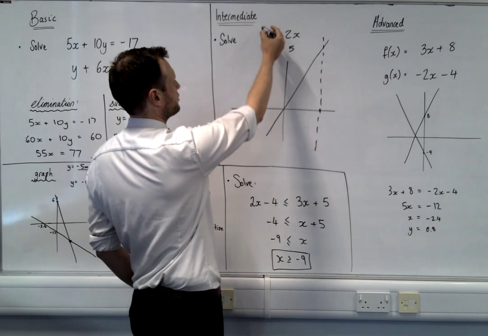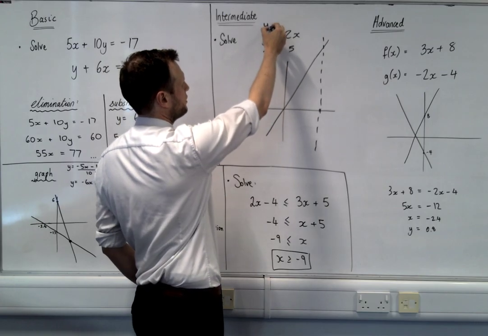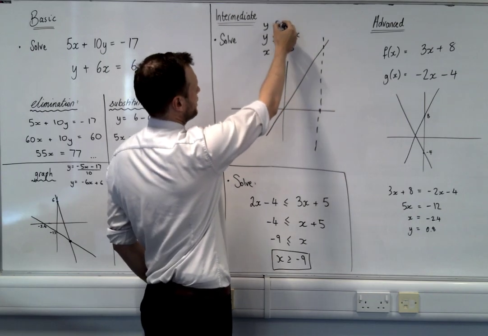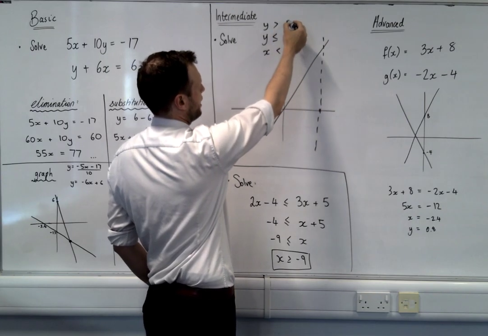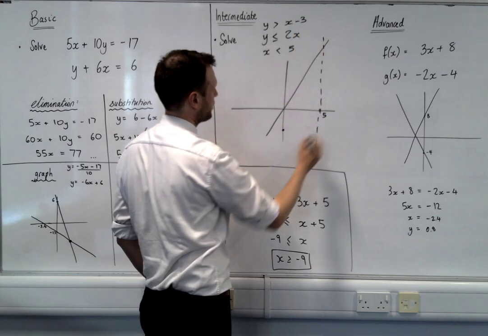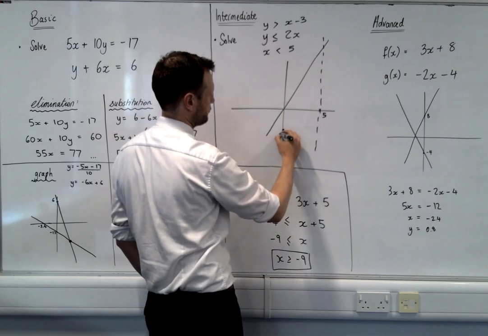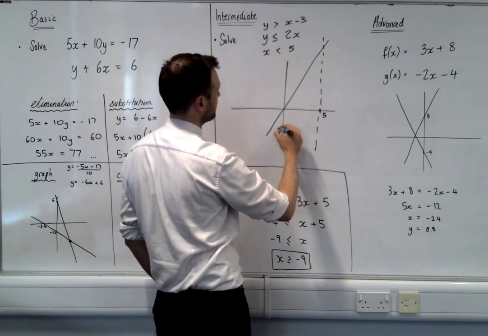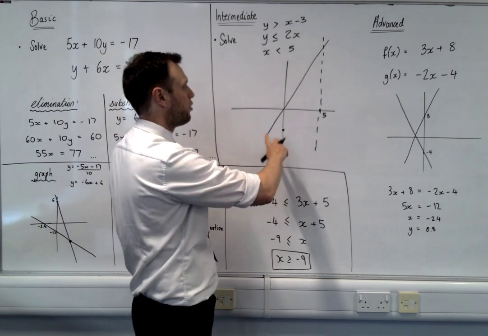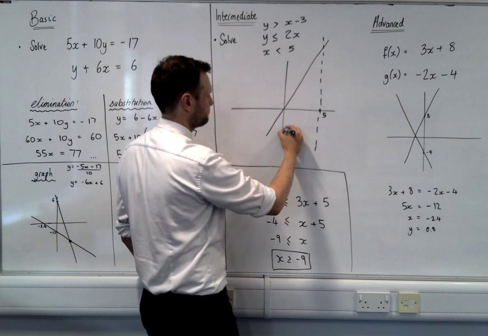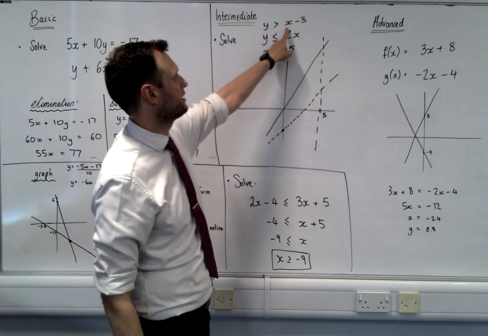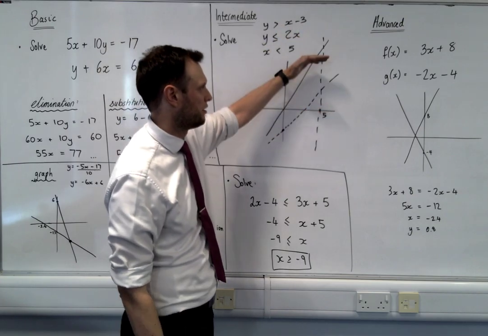Then if I had a third inequality, say y is greater than x minus 3, I'm going to draw the line y equals x minus 3, which will go like this, and I'm looking at stuff above that line.